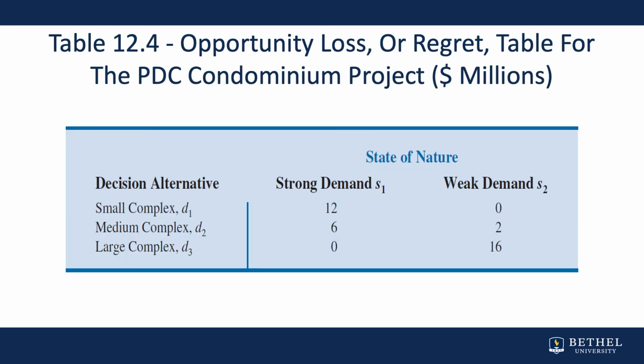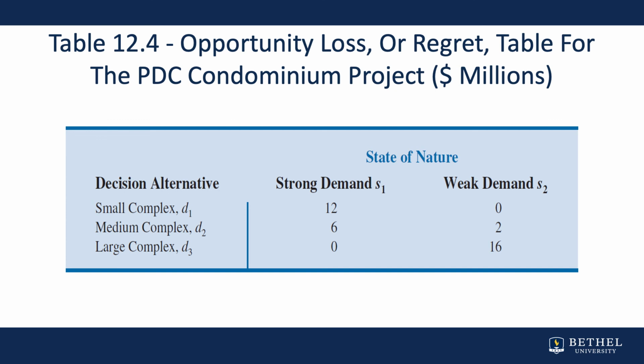So if you look at table 12.4, you see the regret or opportunity loss for each of the decisions. If they decide to build a small complex, 30 condominiums, the strong demand regret is 12 million. The weak demand for that same decision is 0 million.